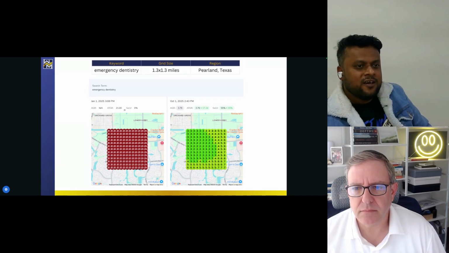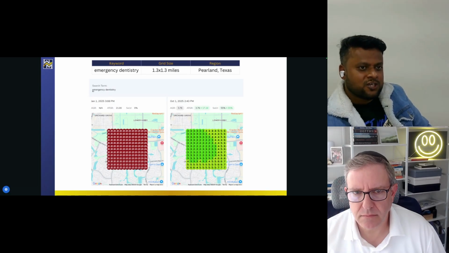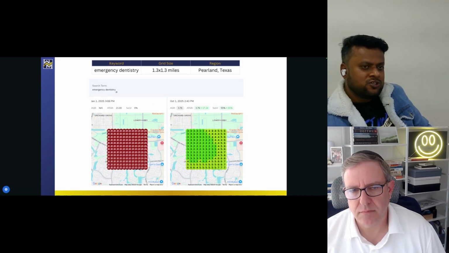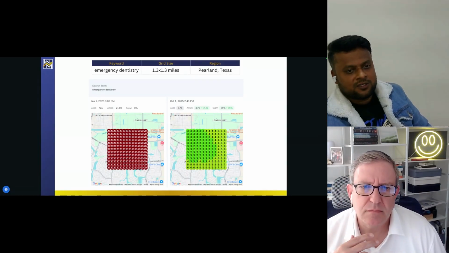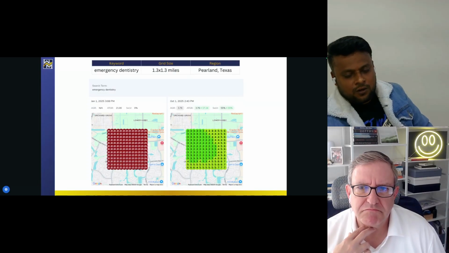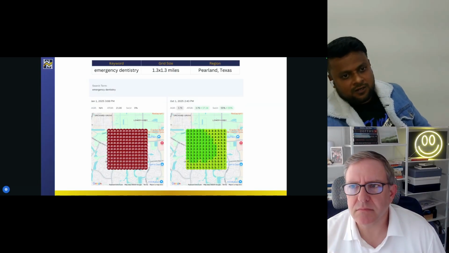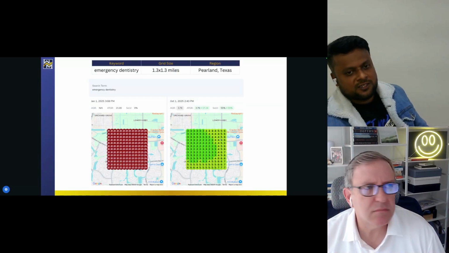And over here, you could see it's a transformation that took about 10 months of time, but totally worth it because we're looking at such a high potential keyword, emergency dentistry. It holds such value and it drives a lot of patients. I don't need to tell that to all the dentists out there. So, this was just amazing.